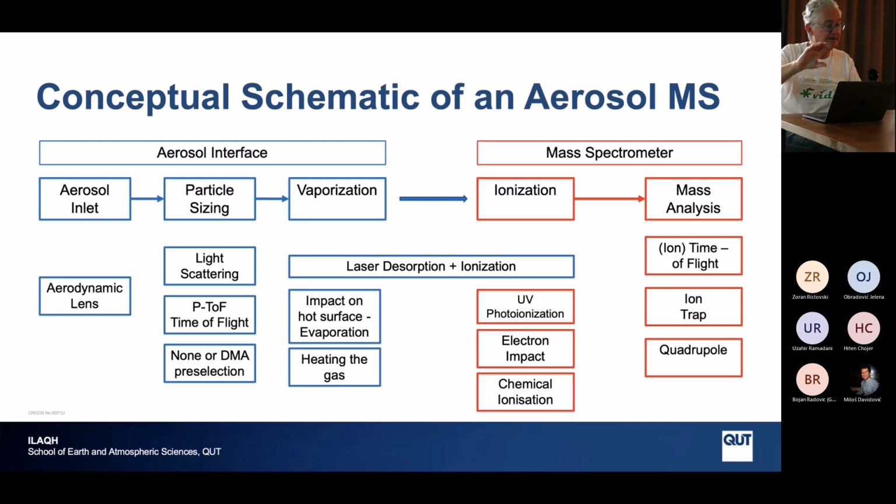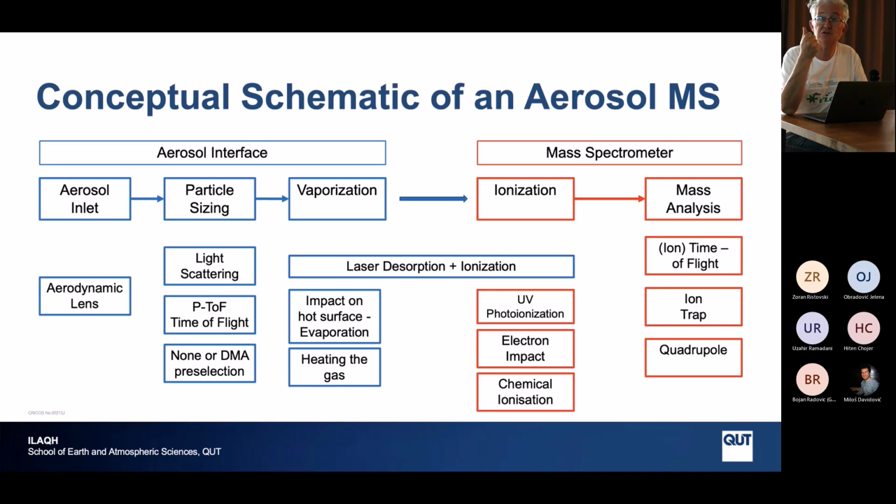Once we have the particles in vacuum, we have to vaporize them. Remember, particles are large. In most cases, to be detectable by mass spectrometry, they are usually 50 nanometers, 100 nanometers or larger. The mass spec can't measure something that big, that heavy. First, you have to evaporate the particle. To vaporize, you can use laser desorption.